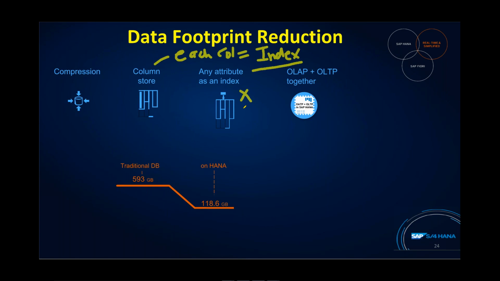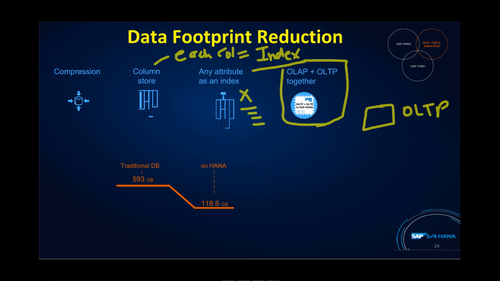So when we said we remove the indexes, we also remove the duplicate, redundant tables which had been created. And then putting OLAP plus OLTP together is another key. We have brought online analytical processing and online transaction processing together. That is also a key part to reduce the data, because our current system was good with OLTP, but we also need great online analytical processing.